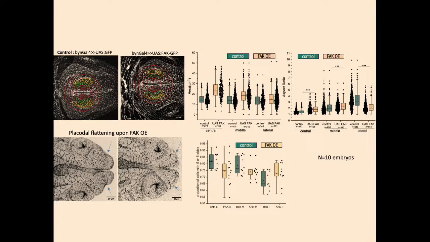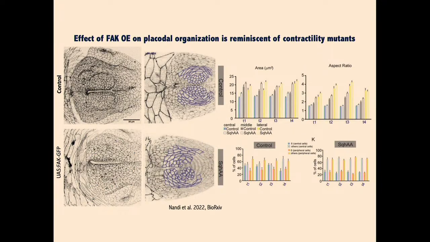So they're making cells larger, but taking away these zonal differences in morphodynamics. And some of these features recapitulate what we see when we perturb contractility.